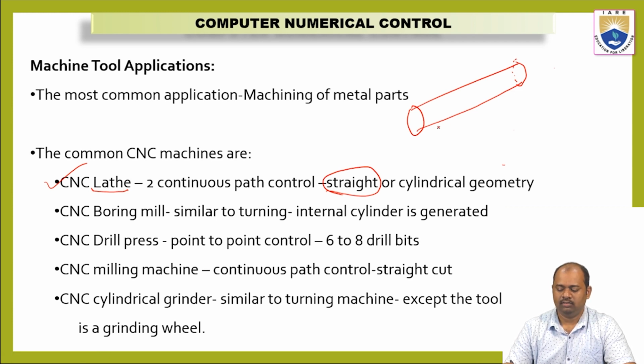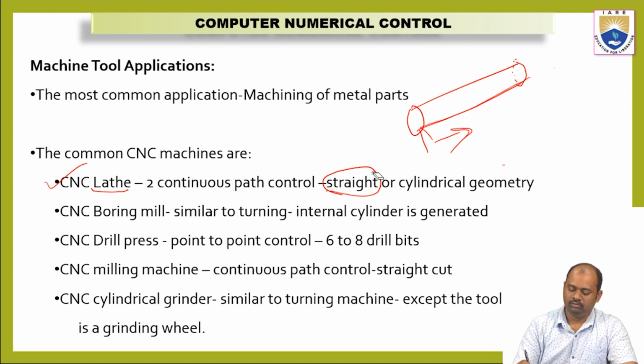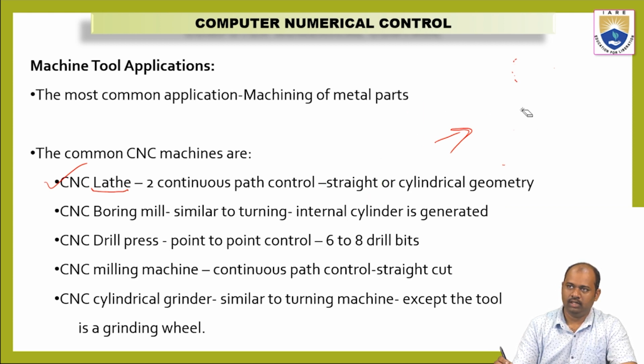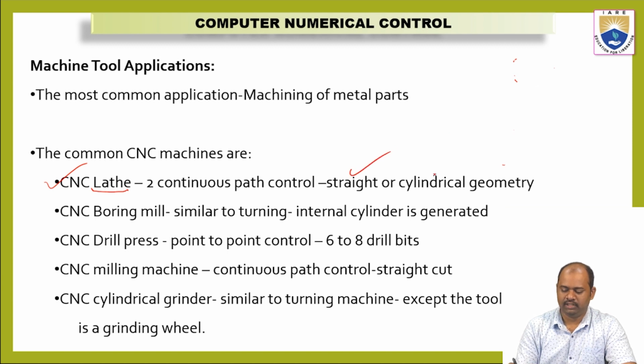If I want to decrease the diameter of the entire object, I can simply put the tool here and it will cut the material. If I give the feed towards the right direction, it will remove the material along the entire length. Depending on the length, we can change how the workpiece is modified. Both straight and cylindrical geometries can be obtained in a CNC lathe machine.